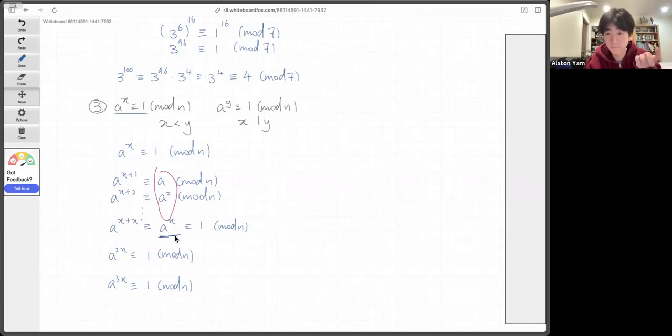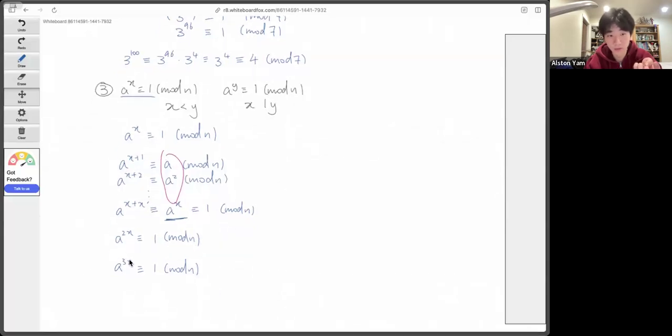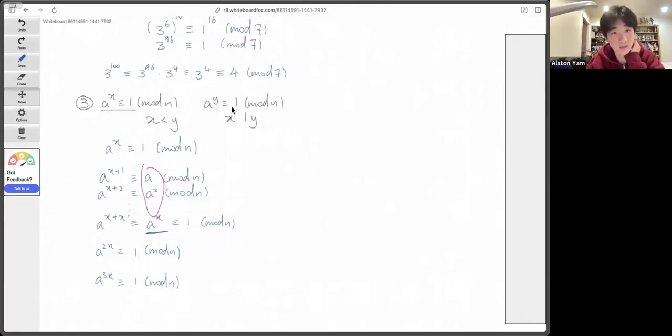So the only numbers that will give a remainder of 1 when we take mod n will be multiples of x. And since a to the y is one of these numbers, y must be a multiple of x, and we are done with the question.